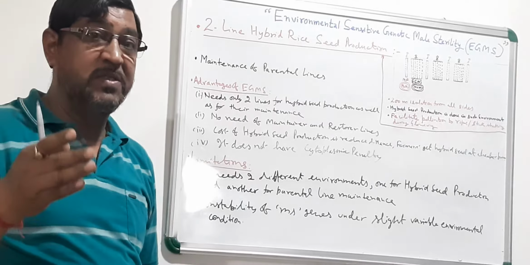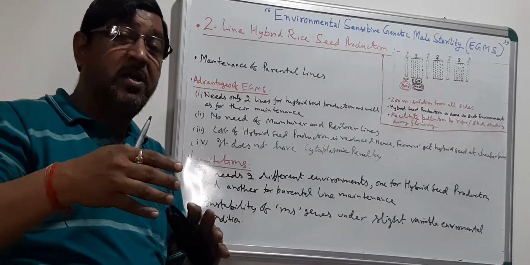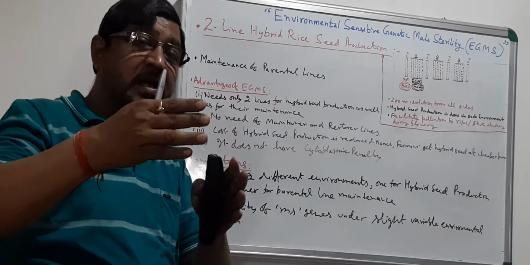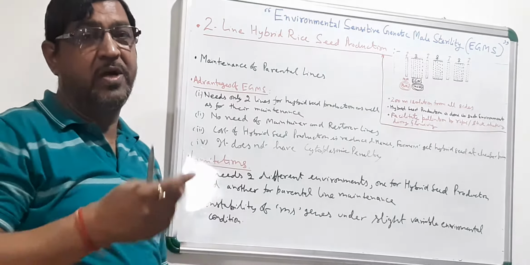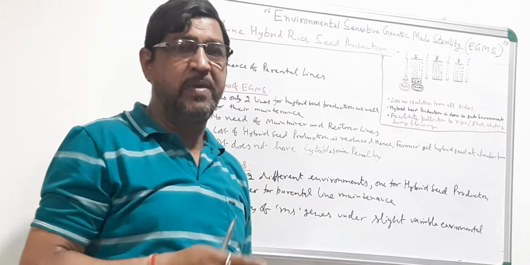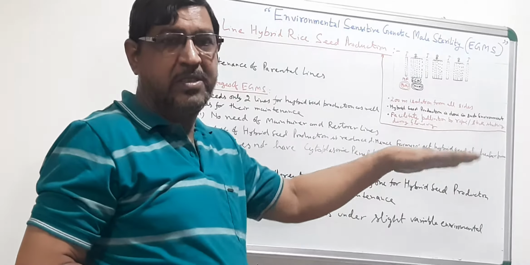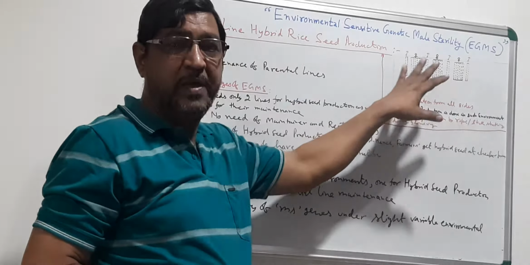If it is PGMS, you grow it in areas where you get lower day length, less than 13 hours 45 minutes, and then you will have self-fertile selfing.